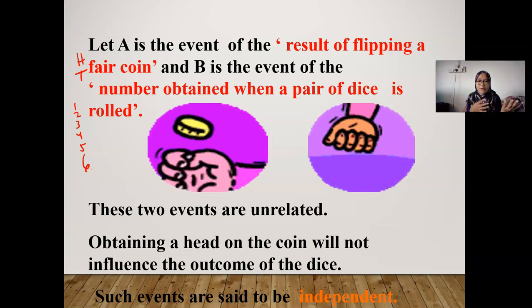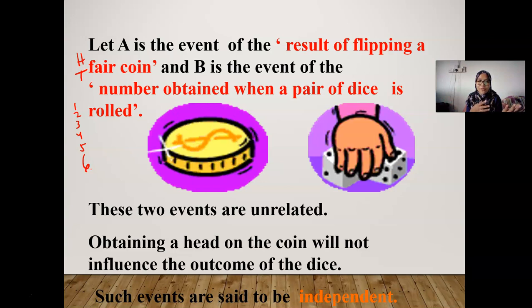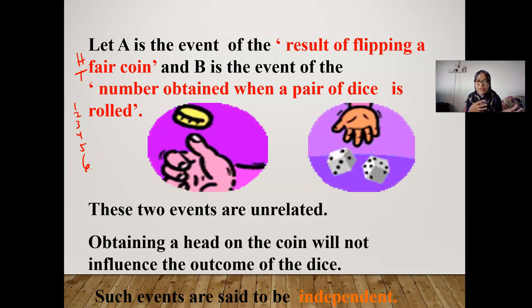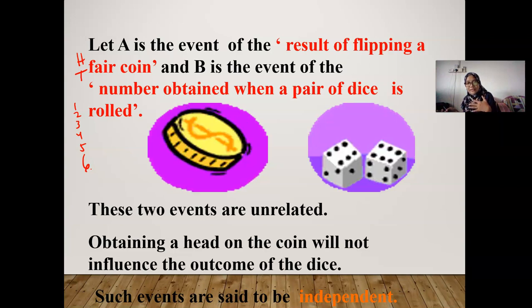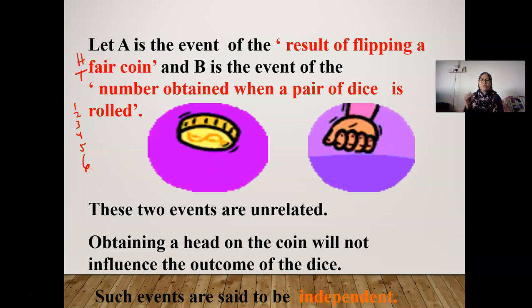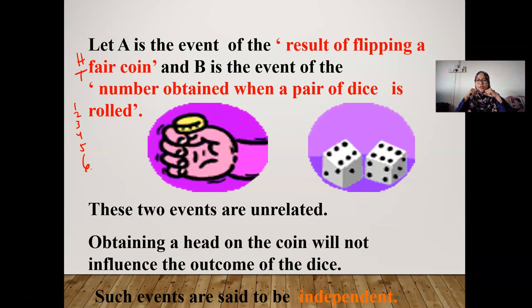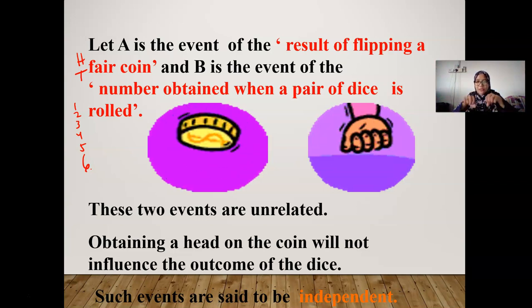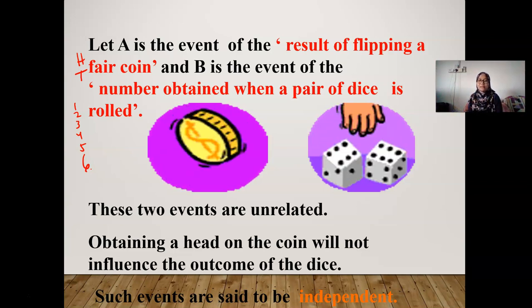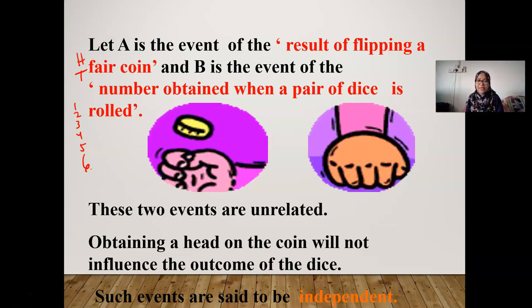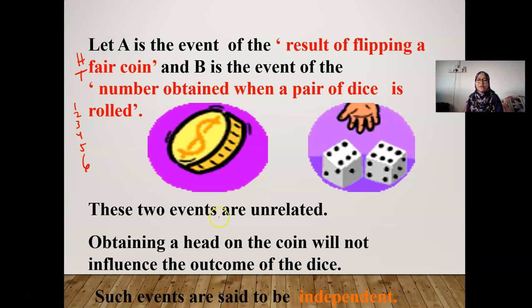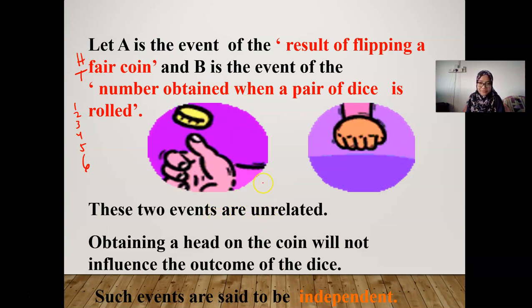Whatever result you get from flipping a fair coin, H, doesn't affect your rolling dice. So if we do it simultaneously together, the events are still said to be independent, because they are definitely unrelated.